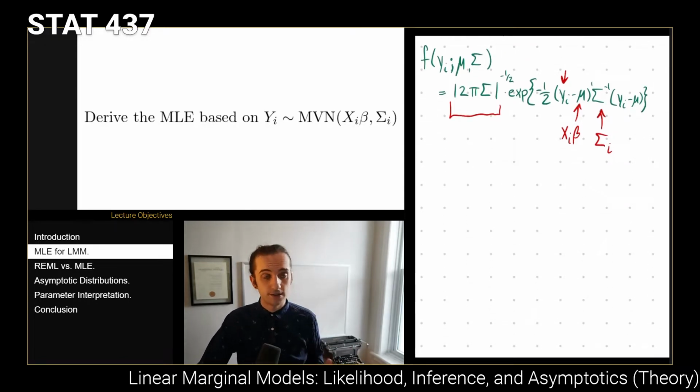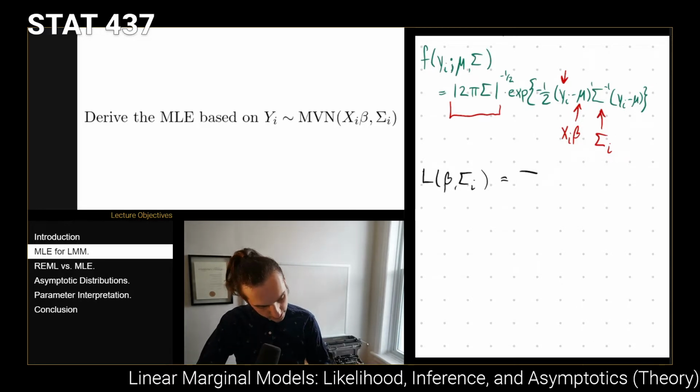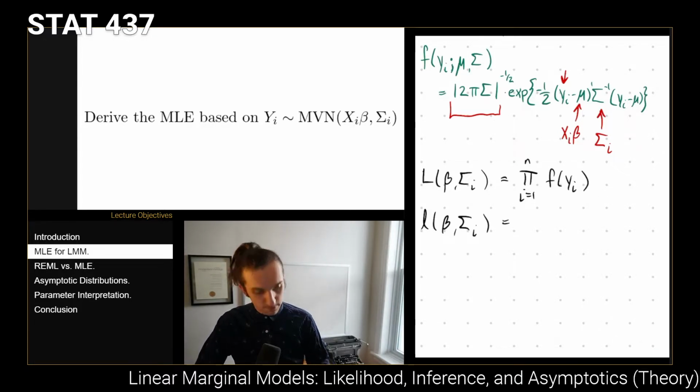But to remind you all, if we want to take the likelihood of some parameters, say the likelihood of beta and sigma i, this is going to be equal to the product over the whole sample, i equals 1 to n, of f of yi, where f is the density function here. Then normally we would take the log likelihood of beta and sigma i, which we get by taking the log of this expression.